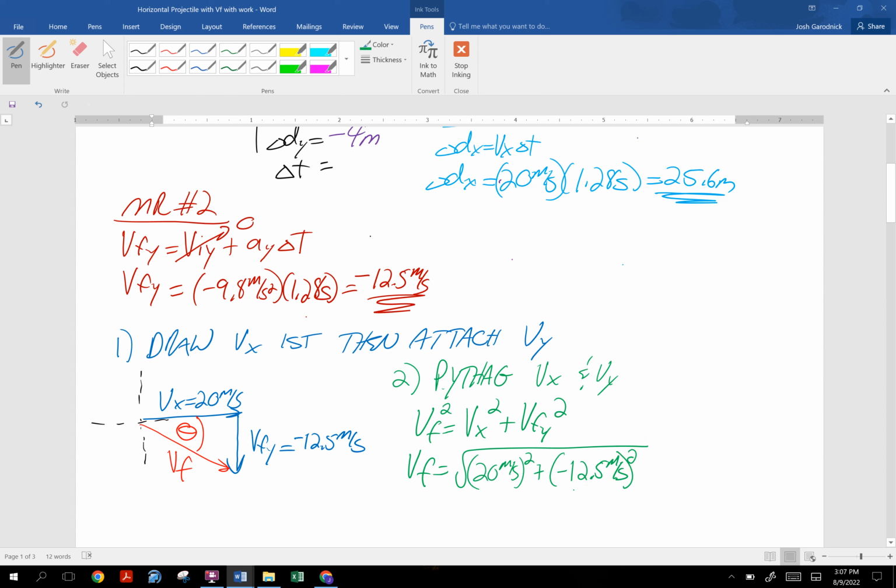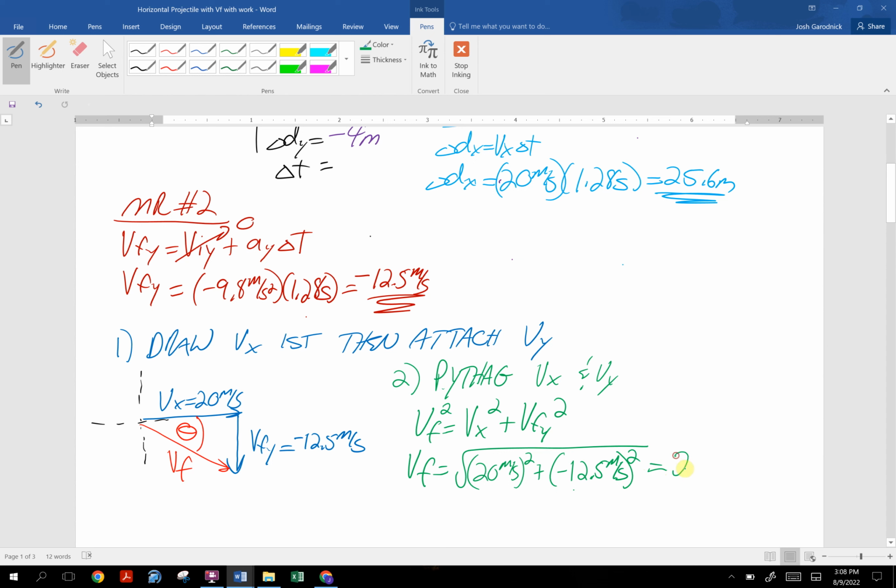Because what tends to happen is people don't use parentheses correctly, and what you end up with is 20 meters squared plus minus 12.5 meters per second squared, and it ends up just being minus. So it's going to be a positive number either way. I would not enter the negative in my calculator, or I would just make sure I use parentheses correctly.